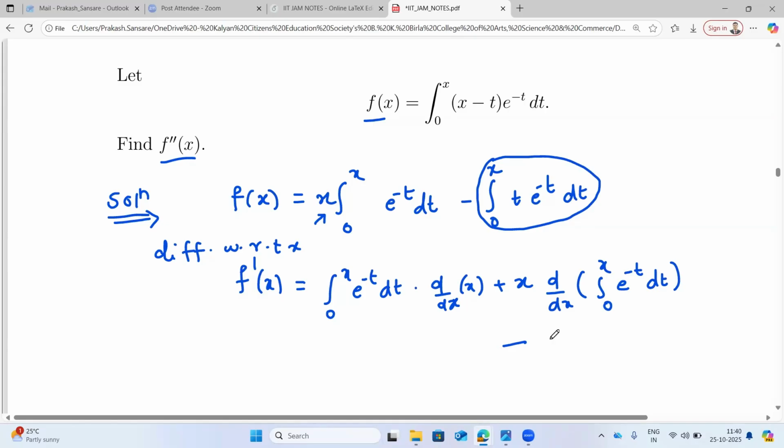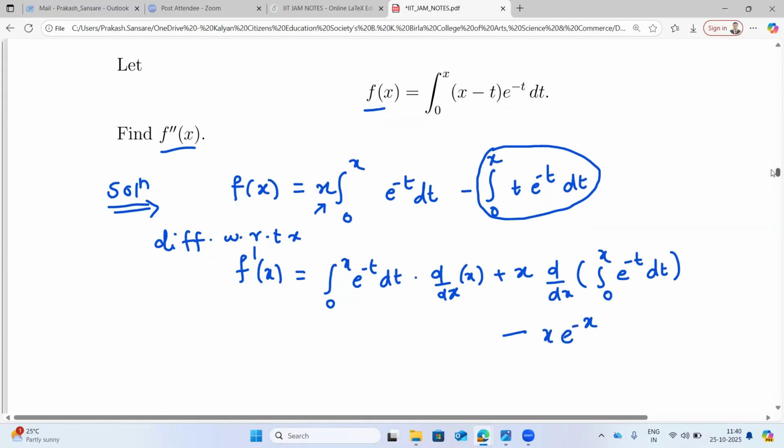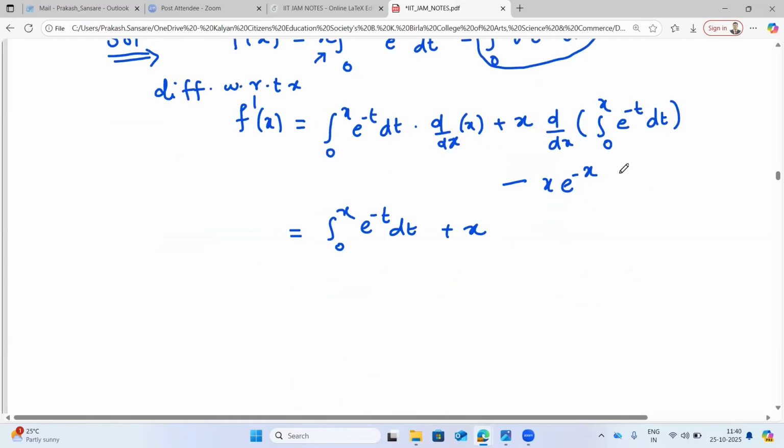The derivative of this is basically your first fundamental theorem of integral calculus. It says that x times e raised to minus x. Now derivative of x is 1, so plus, integration 0 to x e raised to minus t dt. This derivative and integration get cancelled; the first fundamental theorem says that they are inverses of each other.